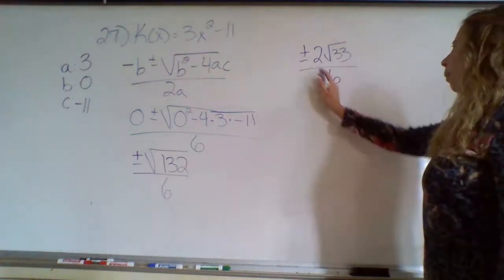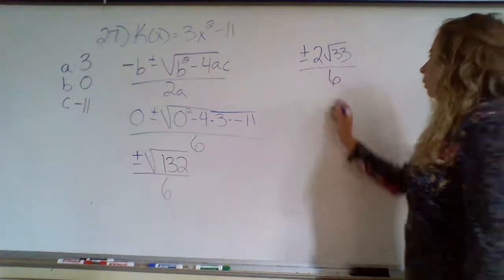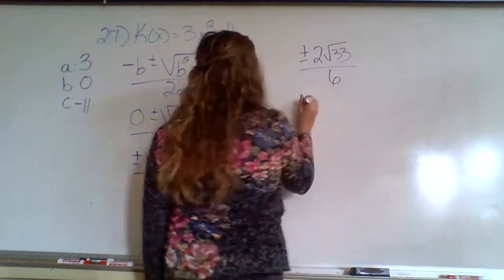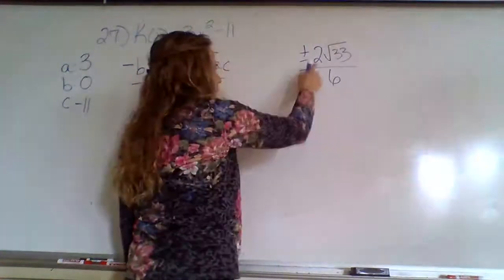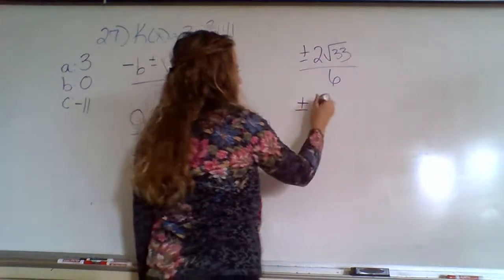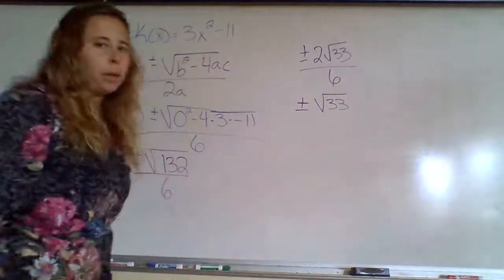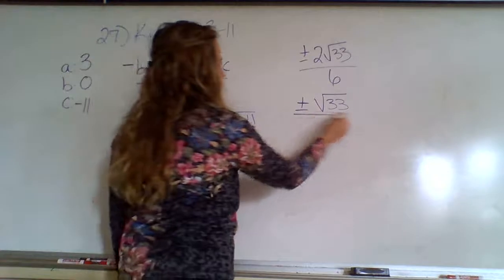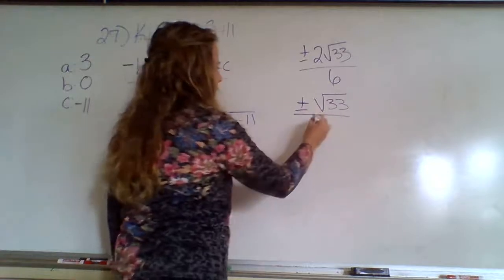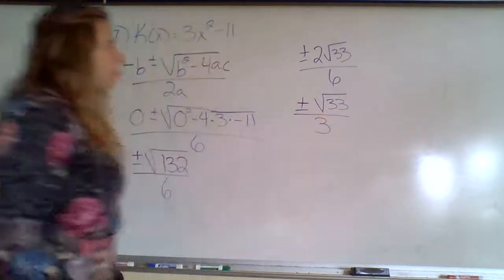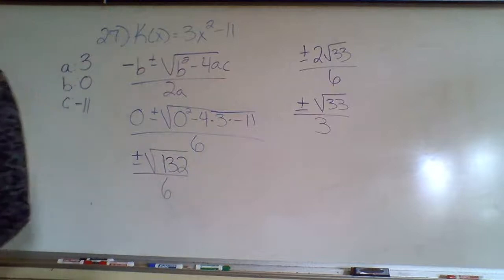So I can divide both of these by 2. Just think of it as simplifying a fraction. So I get plus or minus 2 divided by 2 is 1, so that's just square root of 33 over 6 divided by 2, which is 3. Hopefully I match with the book. Yes, I do.